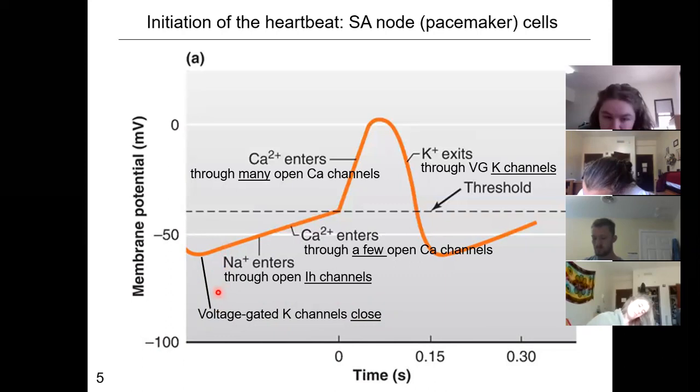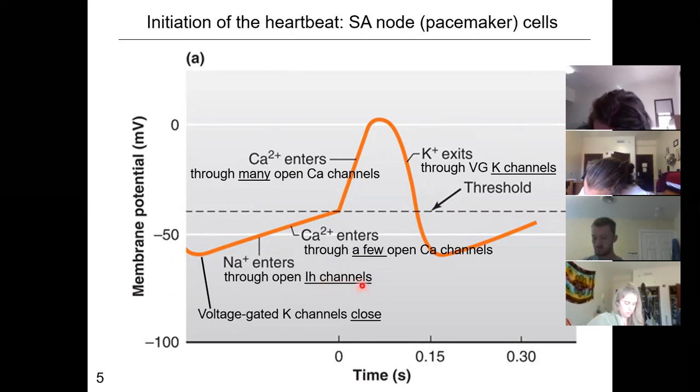Why does it creep up? It creeps up because we have channels called IH channels that are opened at negative membrane potentials. The H actually stands for hyperpolarization.